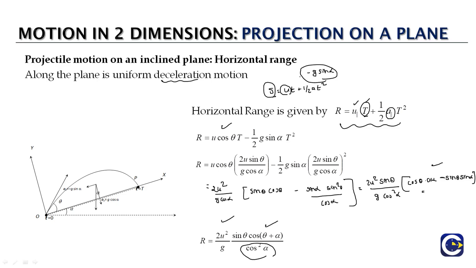So here we are using the trigonometric property that cos theta into cos alpha minus sin theta into sin alpha will be equal to cos of theta plus alpha. So this is the result for the range, which is the distance covered by the projectile along the inclined plane. So this is how we'll go about studying the projectile along an inclined plane.